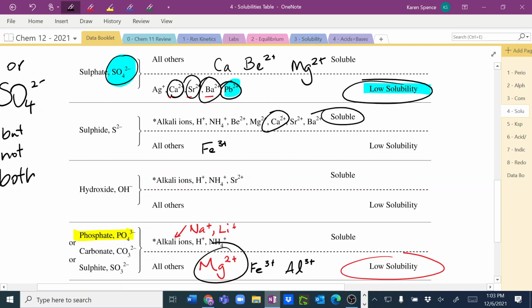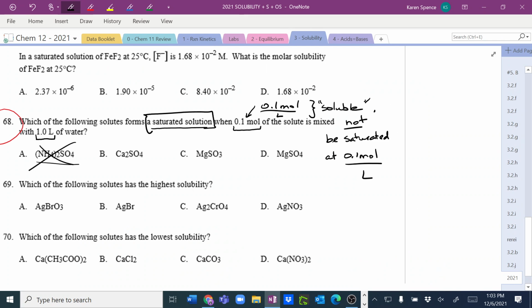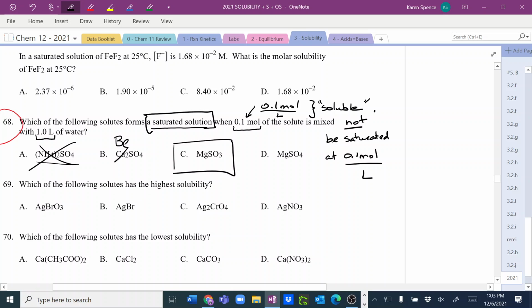This went much better this morning because we were doing all the earlier questions that came from real exams. Okay, and we want to go here. So yeah, I'm going to change this one to beryllium sulfate, and then our answer would be C. Okay? So I need to change the question, but probably the answer key might not be right.